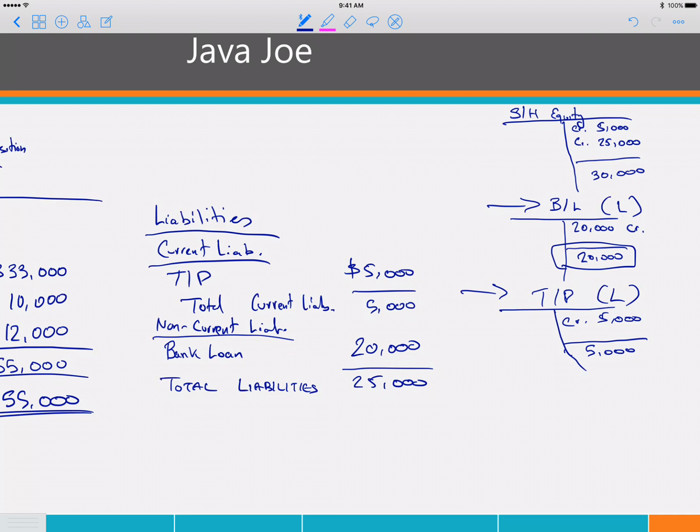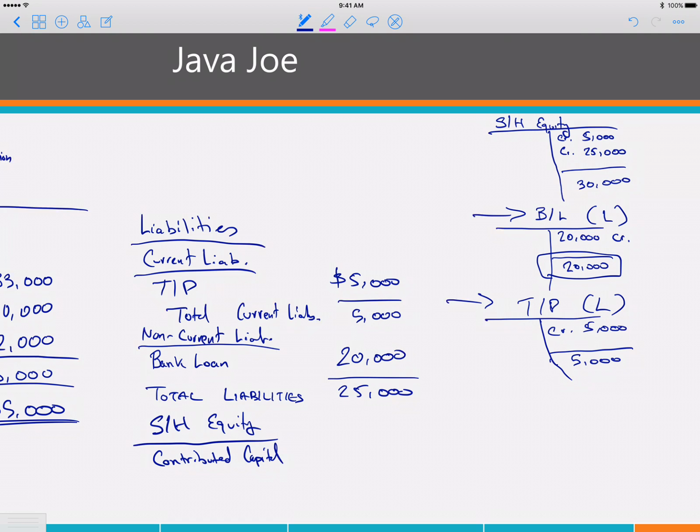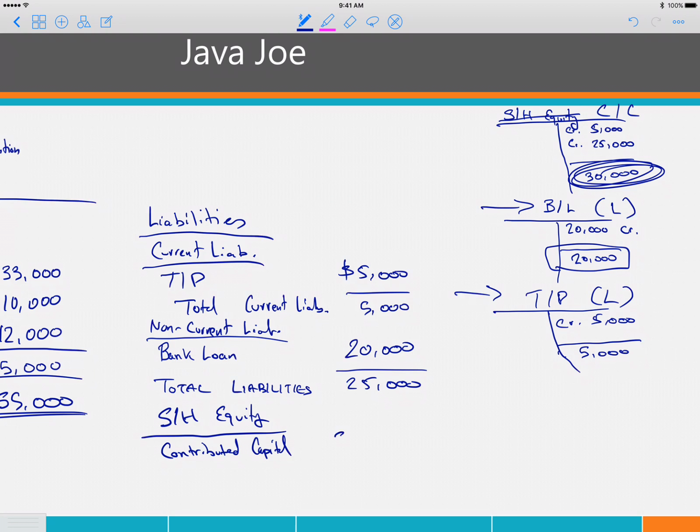And now we have our shareholders' equity section. So we have our contributed capital. So let's look, and this should actually say contributed capital. So our ending balance in this account was $30,000. Does the company have any retained earnings?